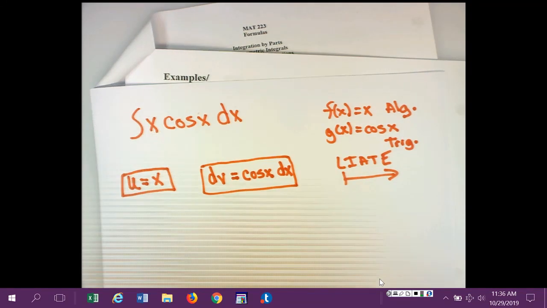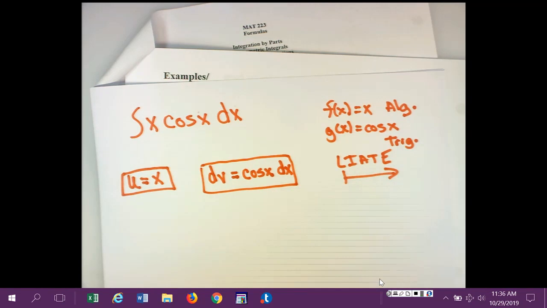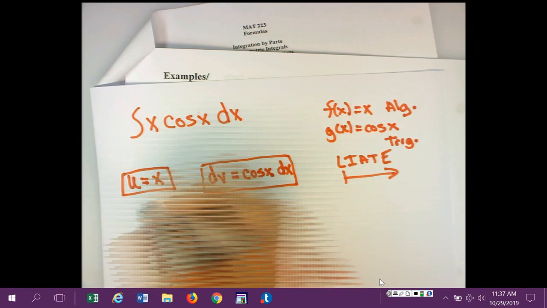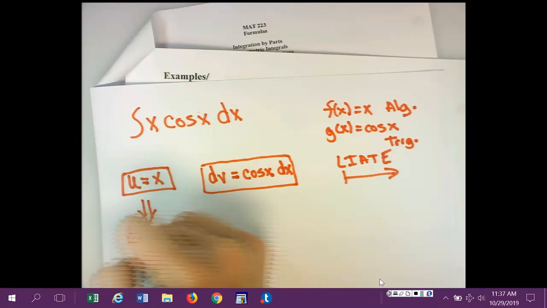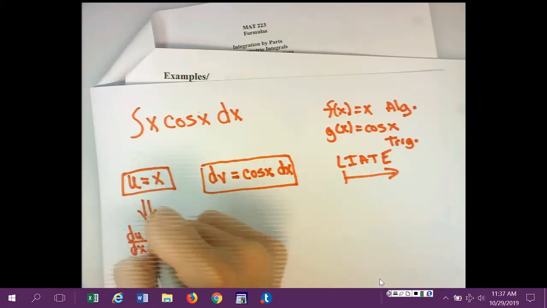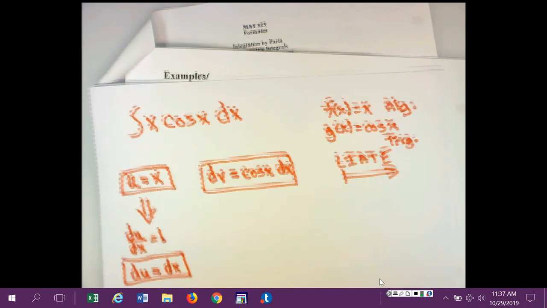So these two things just happen by the acronym as part of the process. So dv is the rest of the integrand. Once you do that, your next box will depend on taking the derivative of u with respect to x, which in this case is 1, and then you want to cross multiply to receive du equals dx. There's my third part of integration.